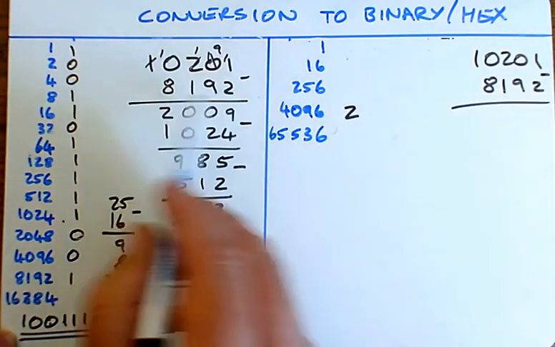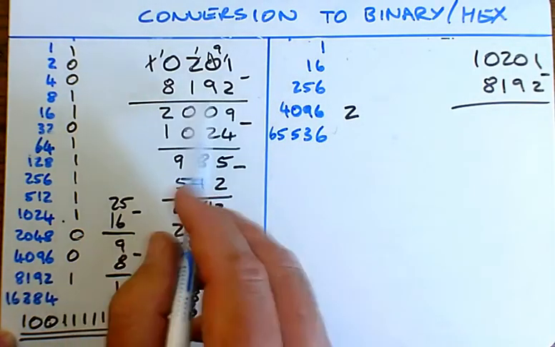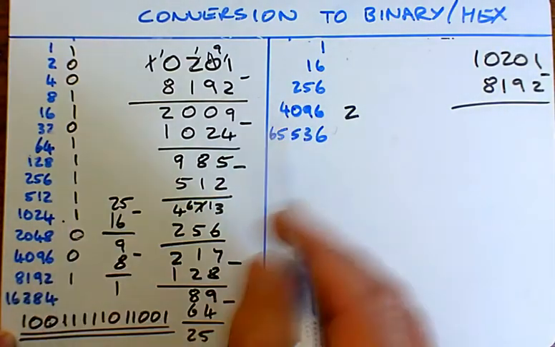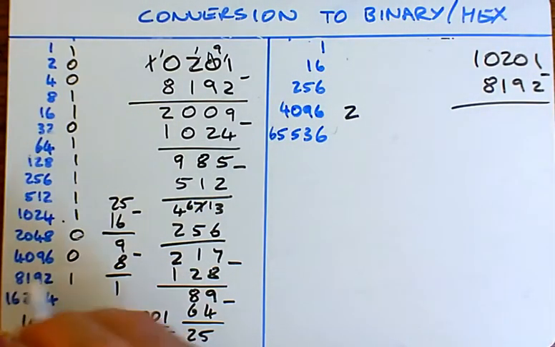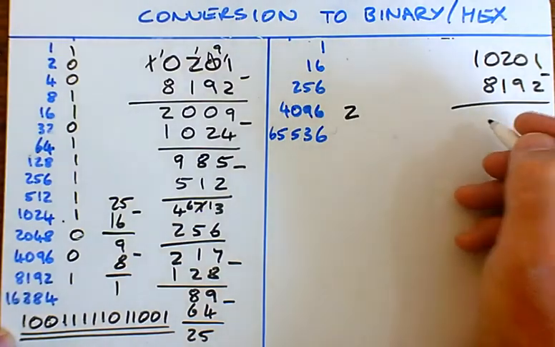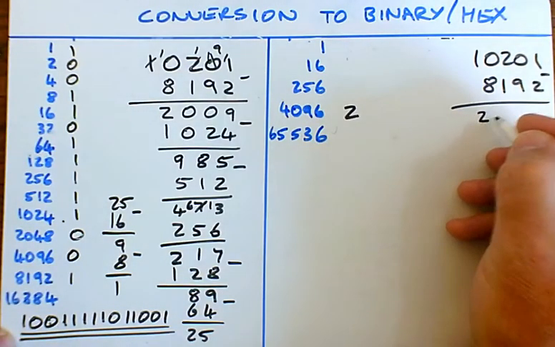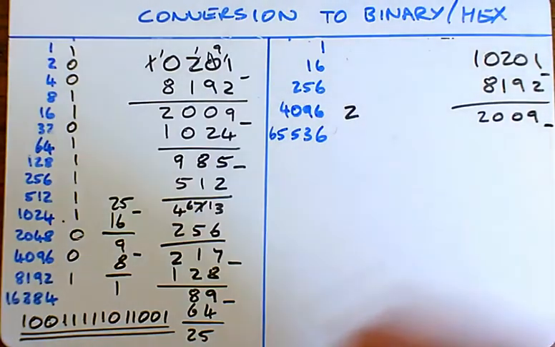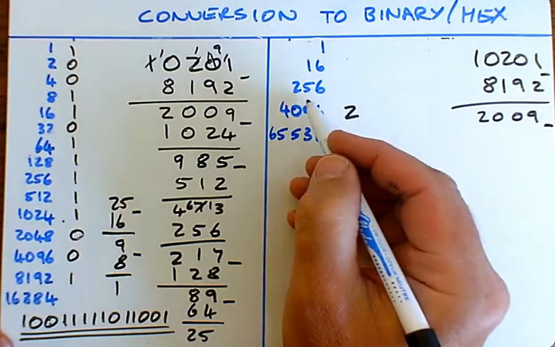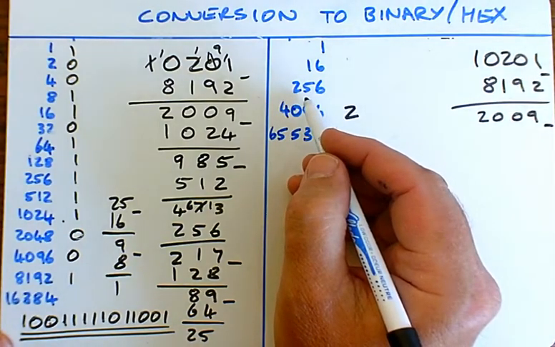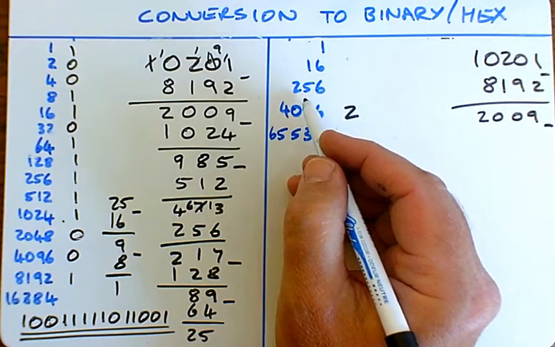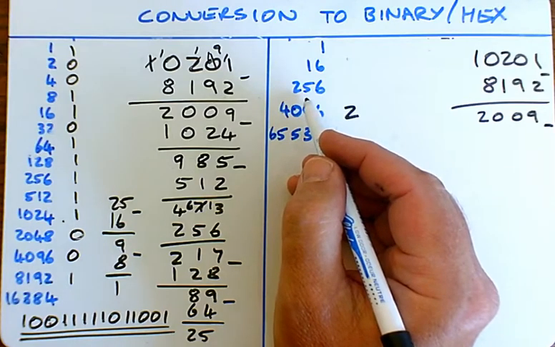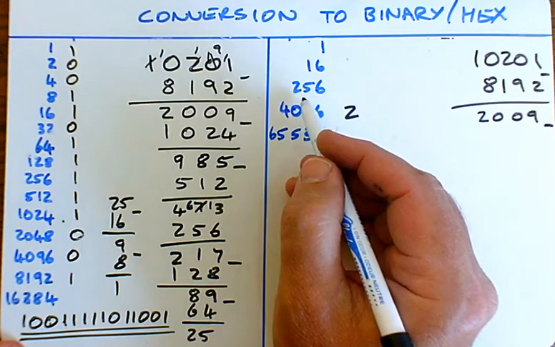And what's not that surprising is that the numbers that we use here end up having appeared in here as well. Okay, 2009. So what am I going to take away from here? I'm going to take away some 256s. How many 256s?